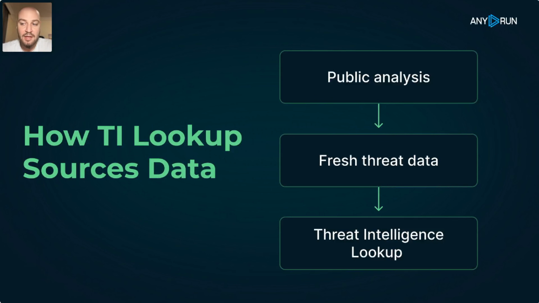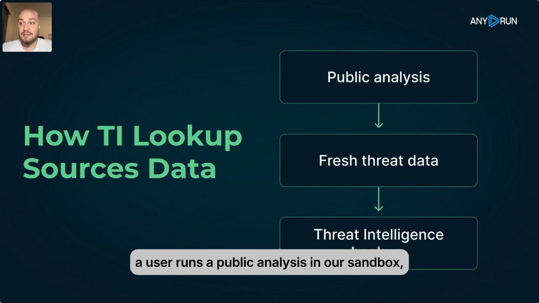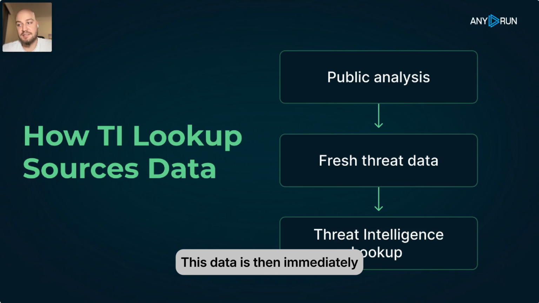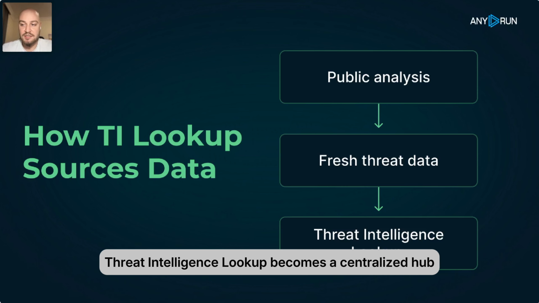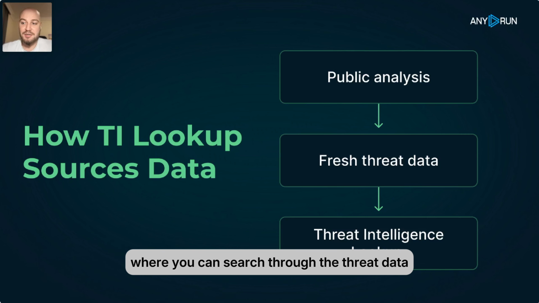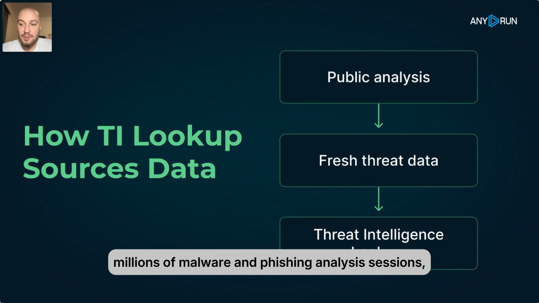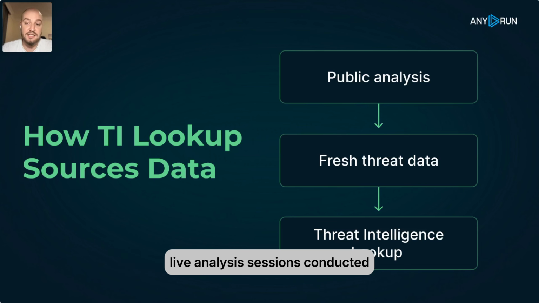Every time a user runs a public analysis in our sandbox, our system captures the key data from the analysis. This data is then immediately sent to Threat Intelligence Lookup. And as a result, Threat Intelligence Lookup becomes a centralized hub where you can search throughout the threat data extracted from millions of malware and phishing analysis sessions, live analysis sessions conducted in the ANY.RUN sandbox.